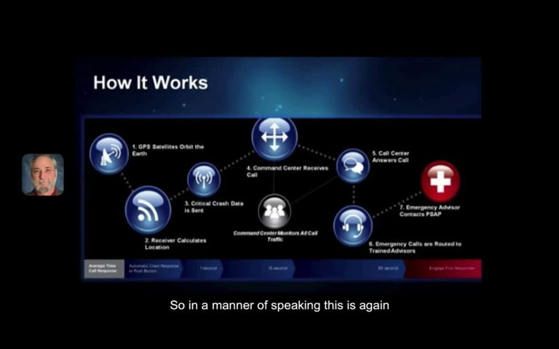So in a manner of speaking, this is again a rudimentary part of GIS. It's not a full-blown GIS, but it is a component that you will find in many full-blown GIS systems. For example, in 911 systems, they may have some of these capabilities built in.